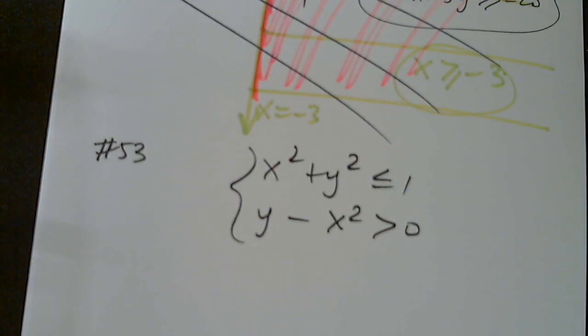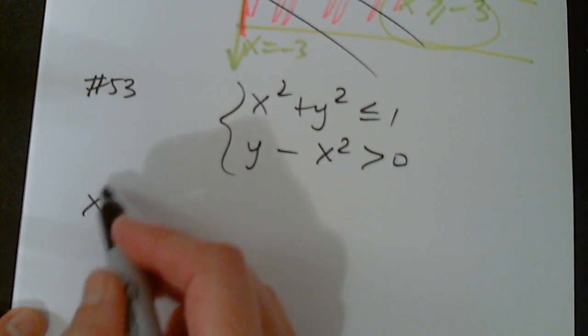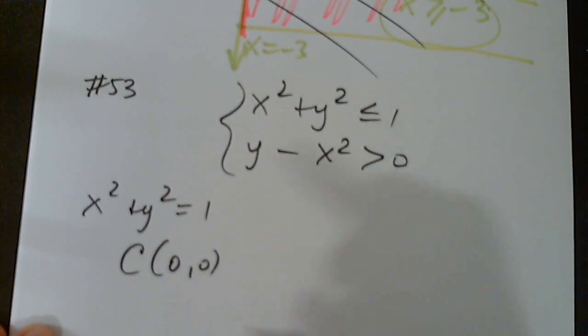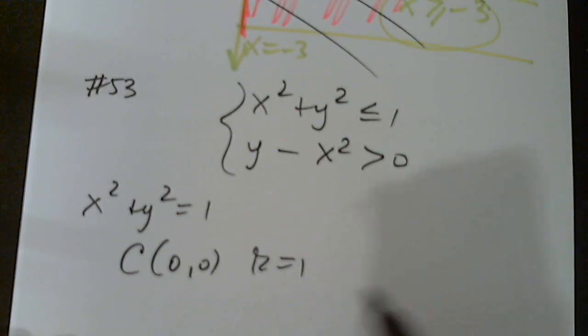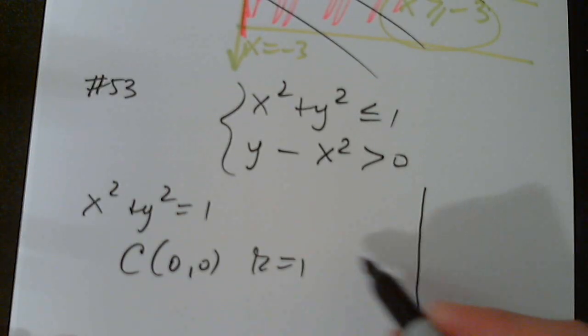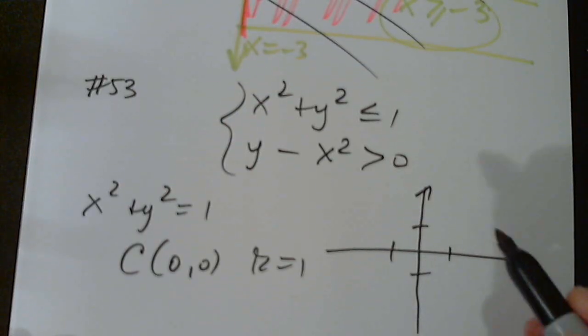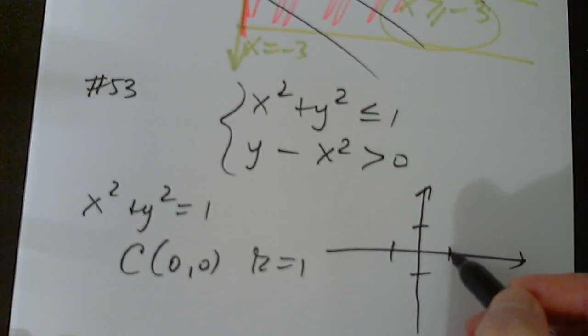Good. So the first equation is x squared plus y squared equals 1. We know it's a circle centered at the origin with a radius of 1. 1, 1, 1, 1. Solid? Yes.